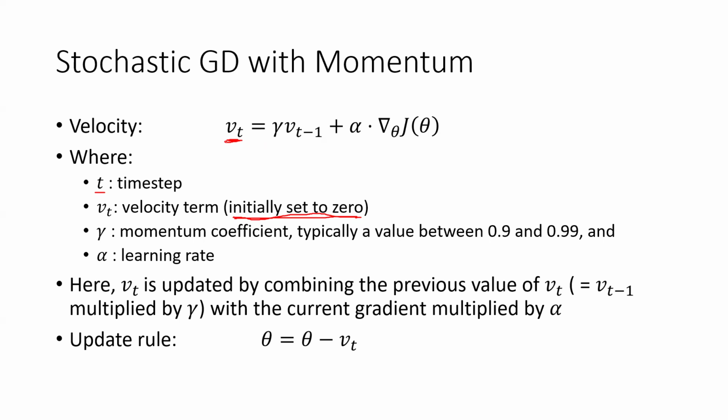In order to calculate this velocity, we use the previous time step's velocity multiplied by this gamma, or the momentum coefficient.